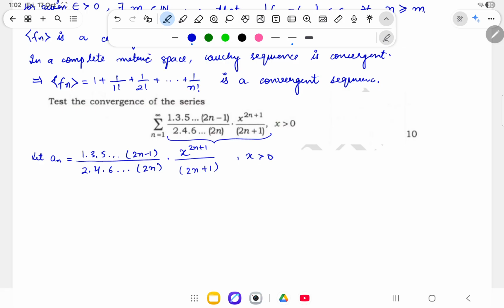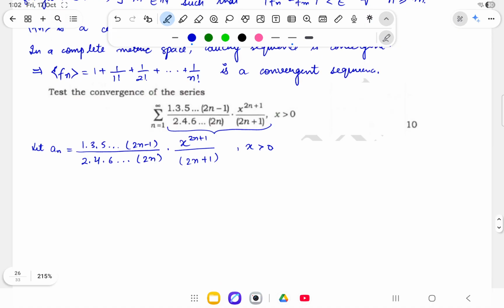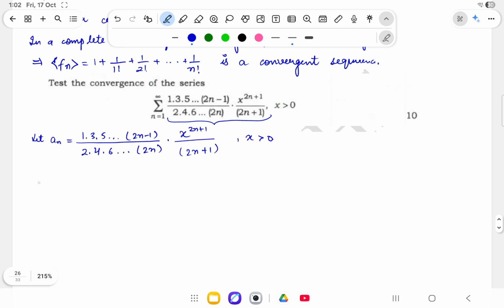Now first let's use the ratio test to see if that works for this series. So let's find the limit as n approaches infinity of an by an plus 1.